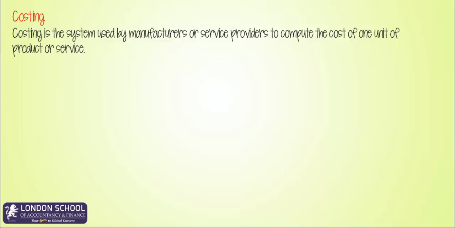So that's costing. And as I already said, in F2 we have already covered two basic costing methods. One of them is marginal costing, and the second is absorption costing. Now, what's the difference between marginal costing and absorption costing?